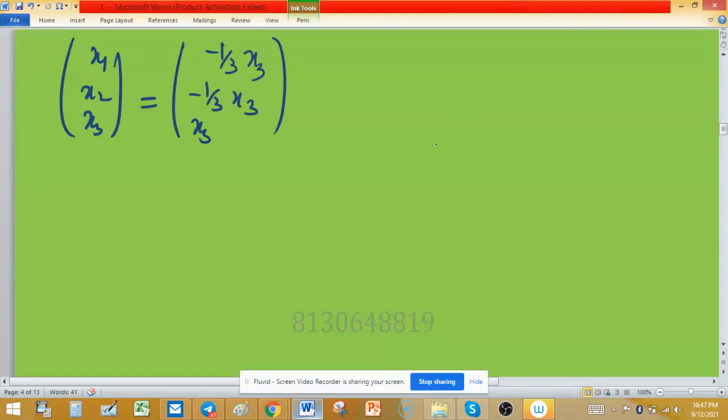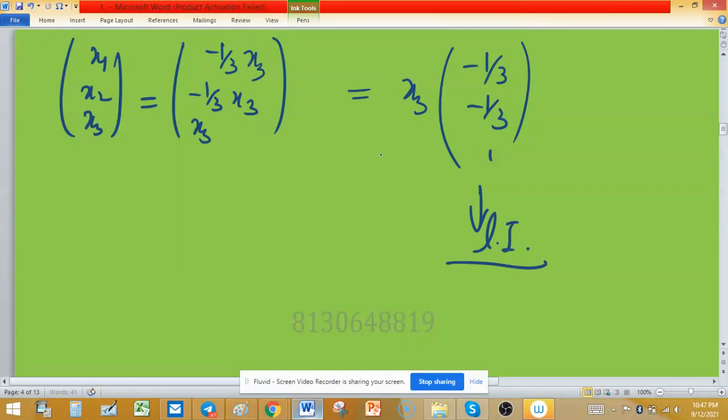Taking x3 as a constant, the remaining vector will be (−1/3, −1/3, 1). So this vector is linearly independent, and this is the constant. So there is only one linearly independent vector in the basis, and this is the basis element of the null space, so the nullity of this linear transformation is 1.